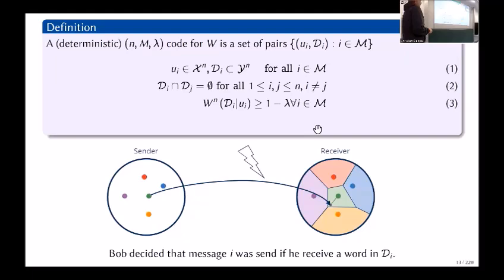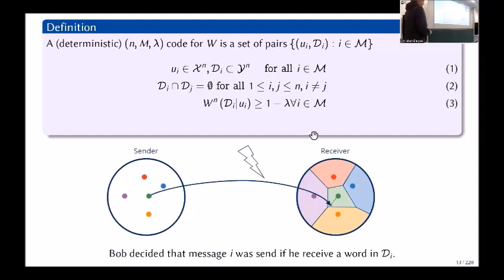And then we have decoding sets D_i in Y^n. That means if Bob received something in the decoding set, he assumes that he has received something from Y^n. Because we assume the channel is noisy, it cannot be pointed generally. For this reason, of course, the decoding sets have to be distinct.